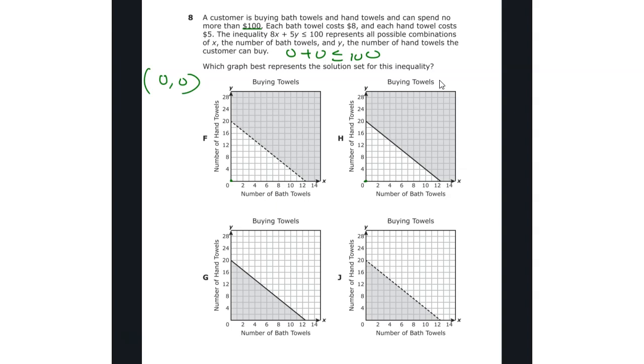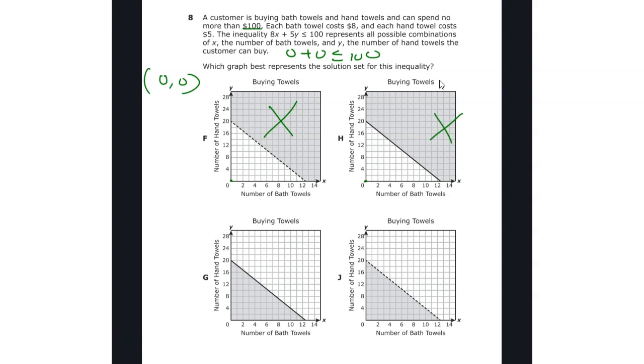That's a true statement. So that means the shaded region that contains 0, 0 is going to be considered the right region here. Now we have two choices. We have G and we have J.